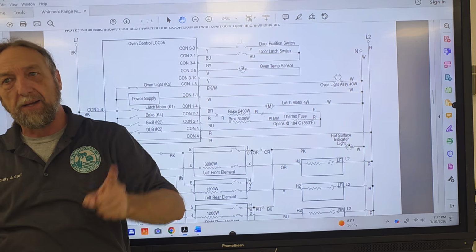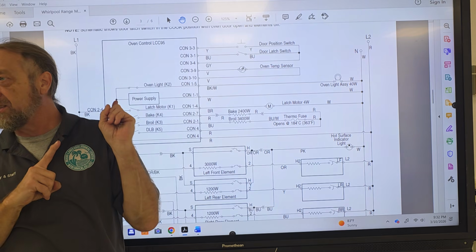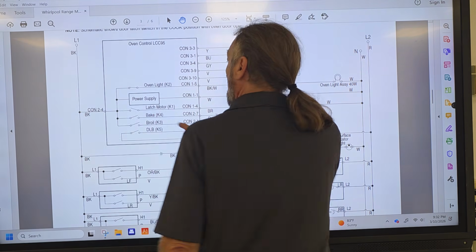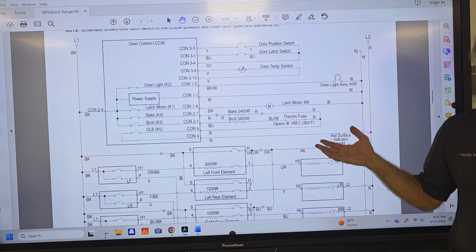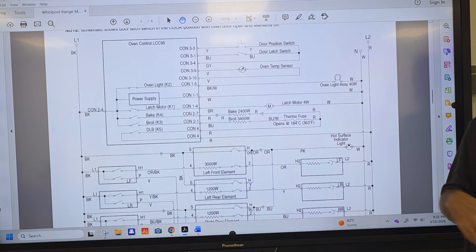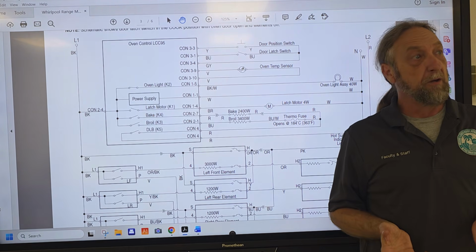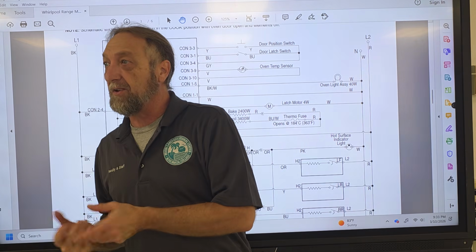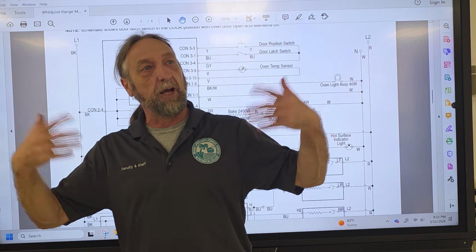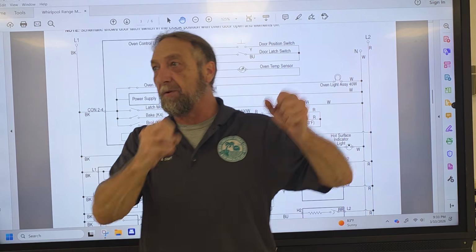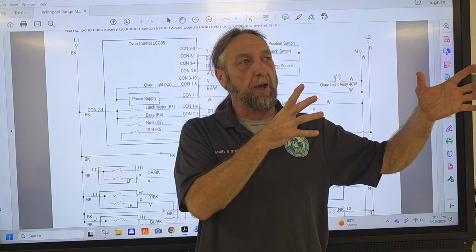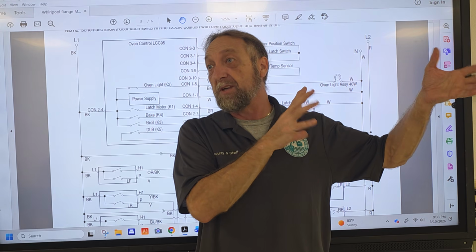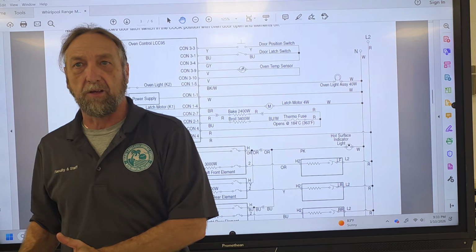But in an oven like this, there is no way to change the voltage. You've got line 1 and line 2 on both sides. What they do is cycle the bake element on for 70% of the time, and 30% of the time the broil is on. So the bake would come on and heat up, and then they would shut the bake off and turn on the broil. The broil would be on for 30 seconds, a minute, and shut back off and go back to the bake.